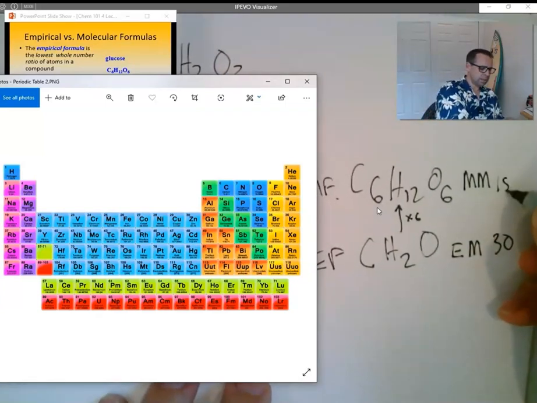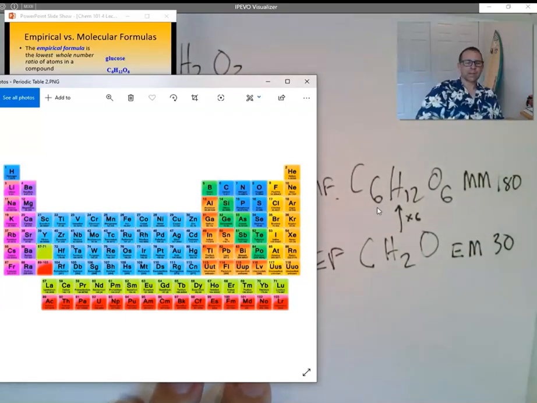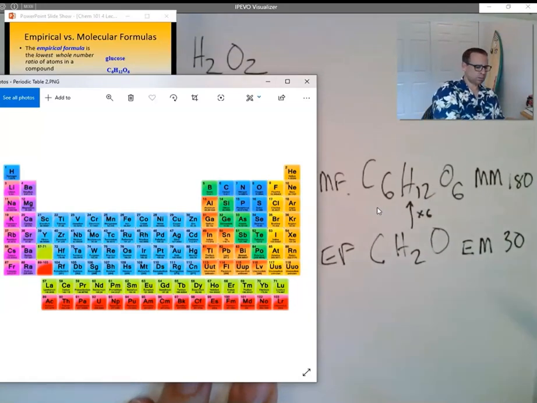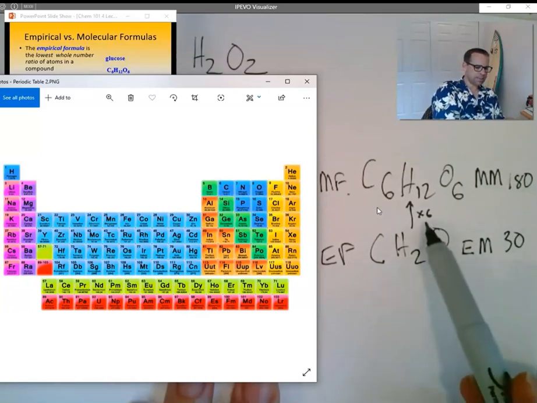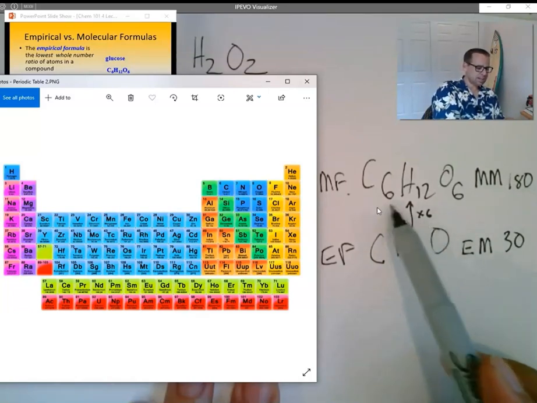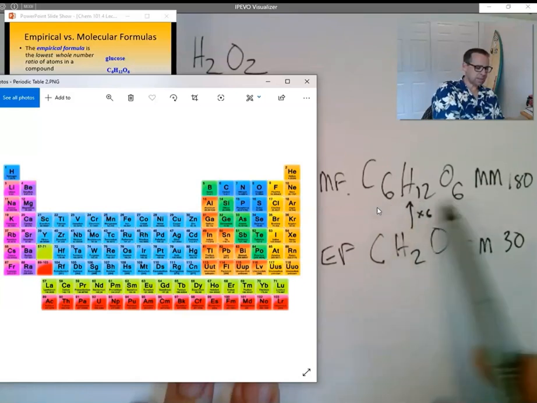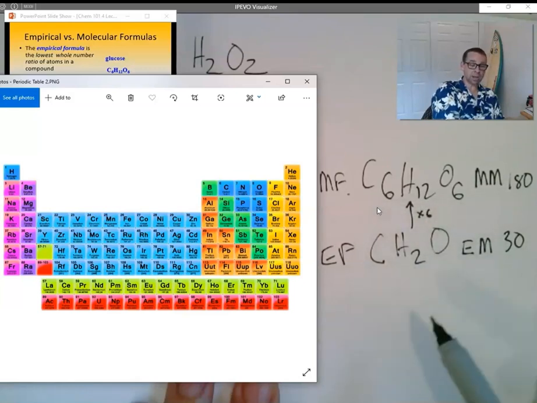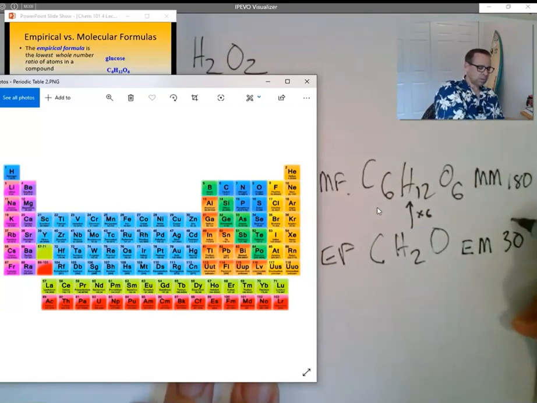So we have 180 there, and we can see that there's a relationship between the empirical mass and the molecular mass, just like there's a relationship between the empirical formula and the molecular formula, which is times 6. What is it going to be there?